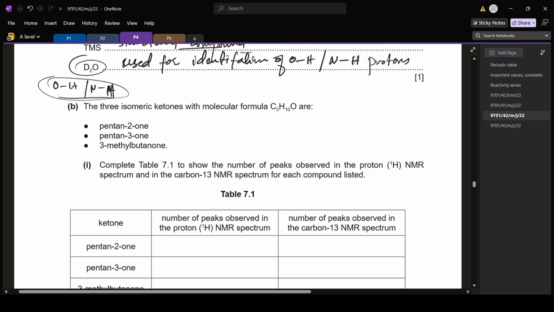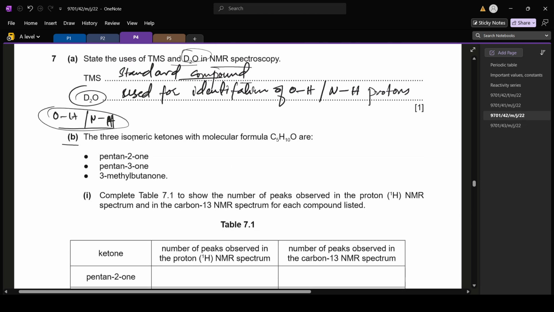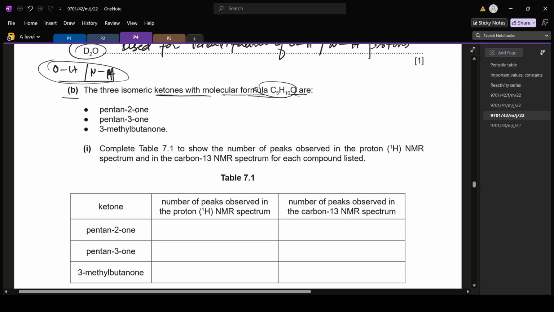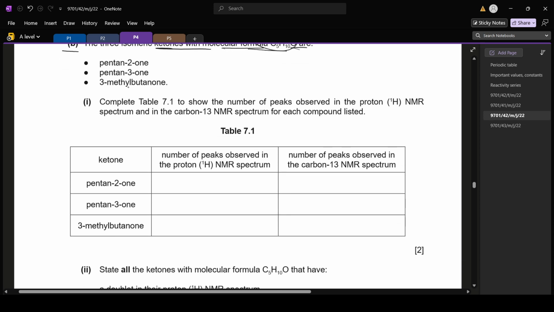Let's move to this part B. The three isomeric ketones with the molecular formula C5H10O are pentan-2-one, pentan-3-one, and 3-methylbutanone. Now complete table 7.1 to show the number of peaks observed in the proton NMR spectrum and in the carbon-13 NMR spectrum for each compound listed.